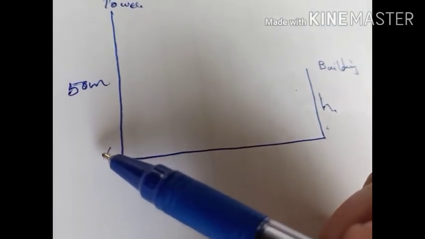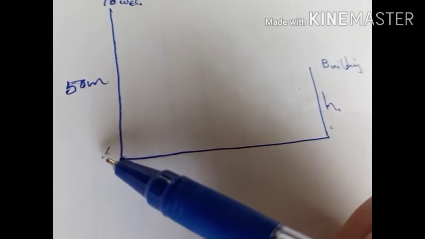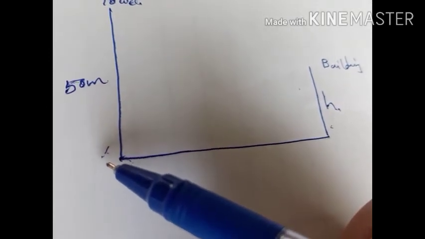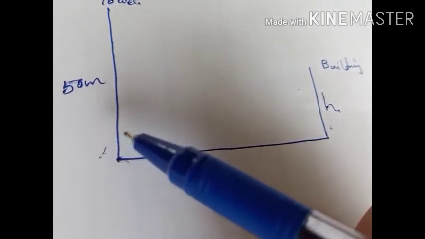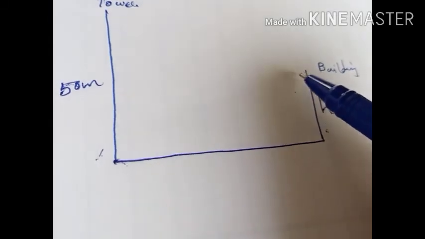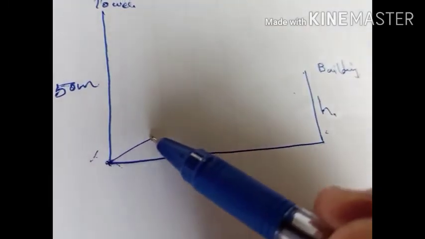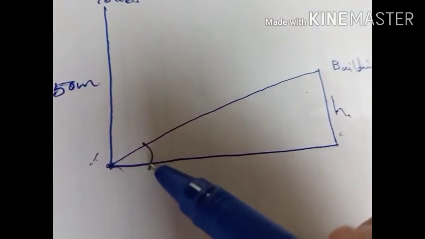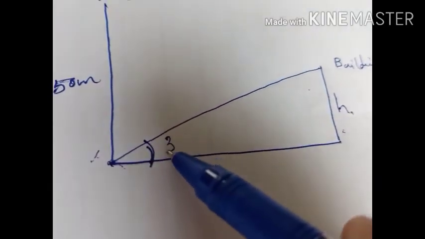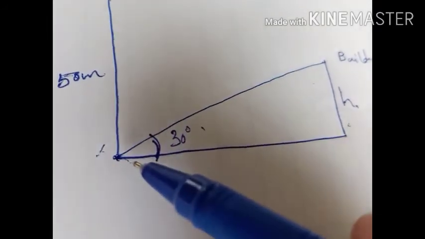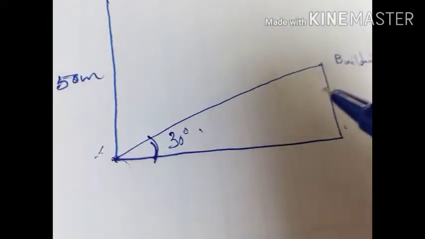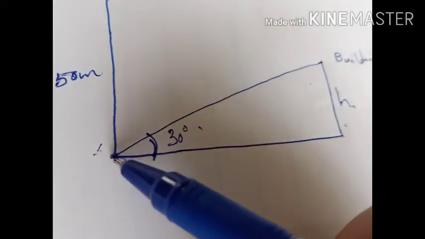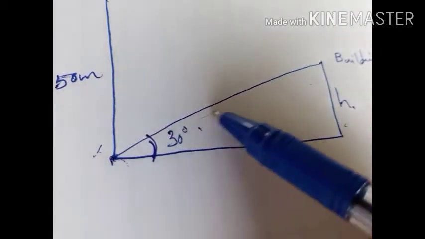Then according to the question, angle of elevation of top of the building from foot of the tower is 30 degree.